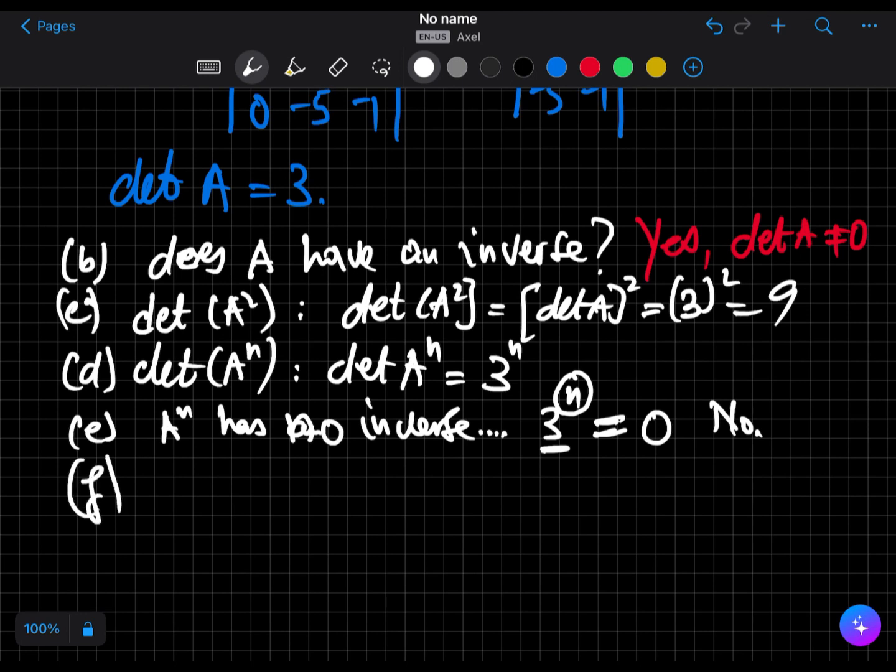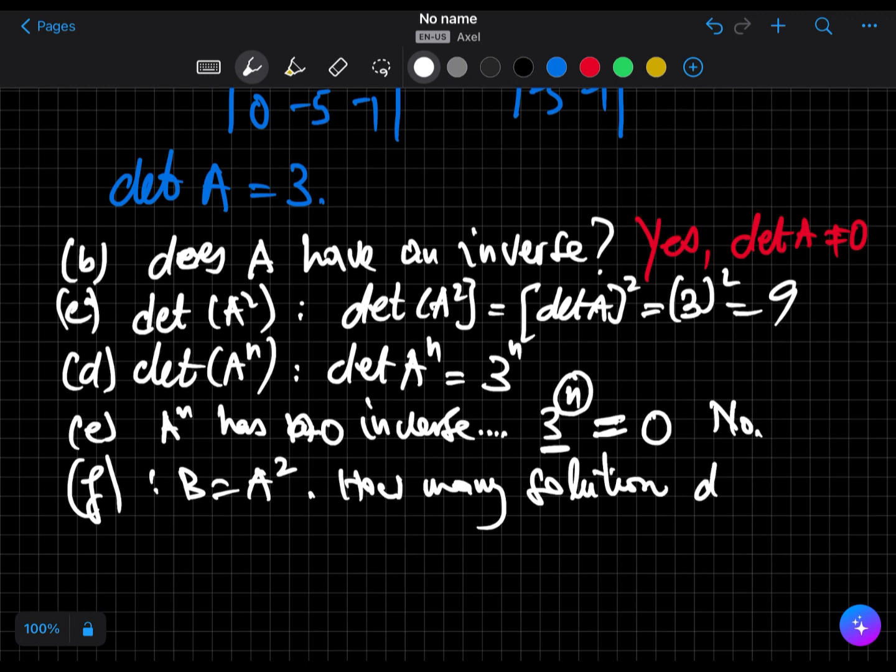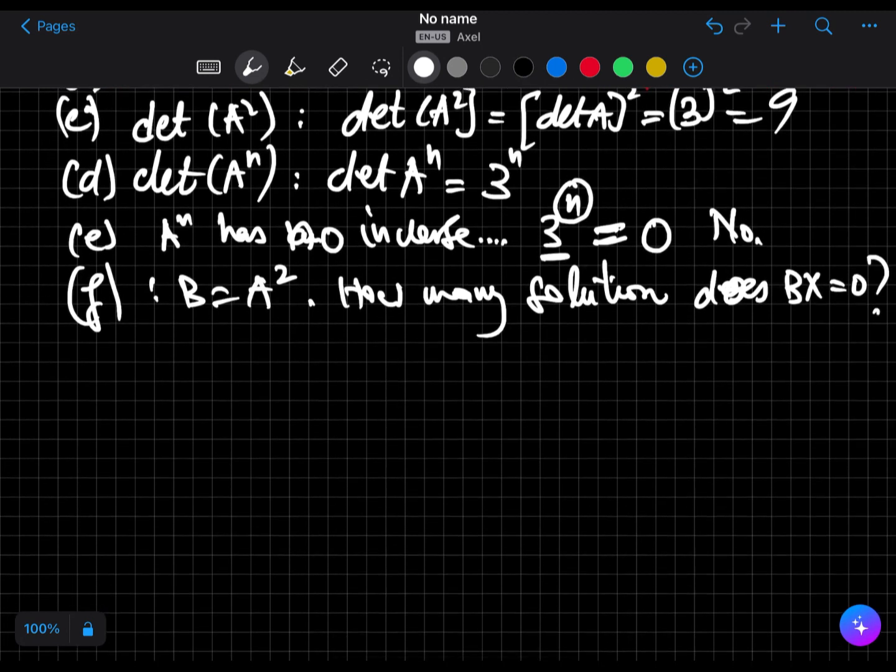And at question F, we have that B equals to A squared. The question is, how many solutions does Bx equals to 0 have? Now, look carefully, we know that B equals to A squared, right?